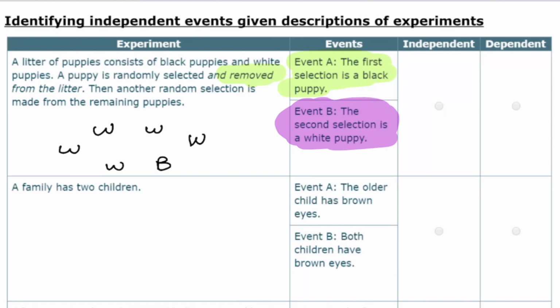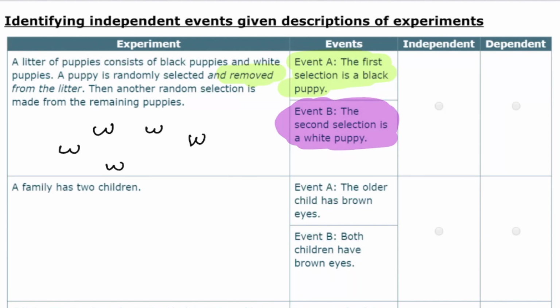If I go through event A, which says we pull out the black puppy, so I'm going to erase this one. That one got pulled out. Well, how many puppies are left? Just 5 white puppies. So event B is bound to happen. The second selection is going to be a white puppy. That's 100% probability that it's going to be a white puppy. There's only white ones left.